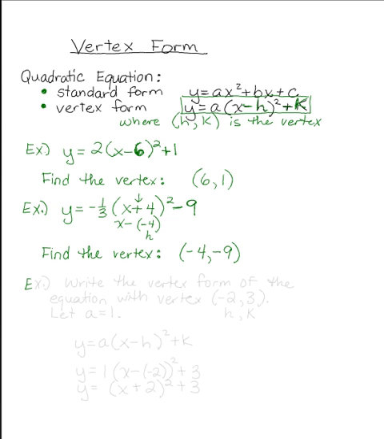Let's say instead you are asked to write the vertex form. And we have a vertex given of negative 2, 3.